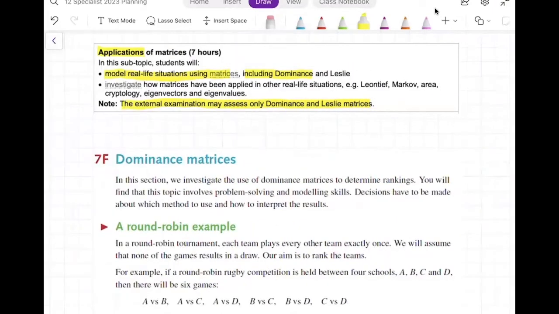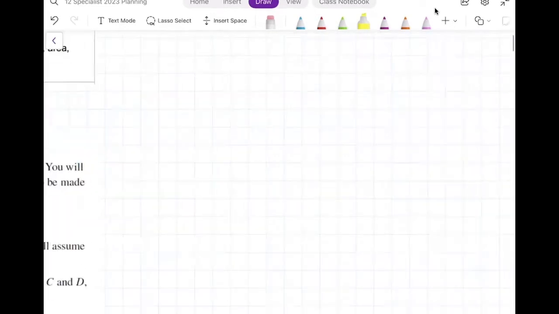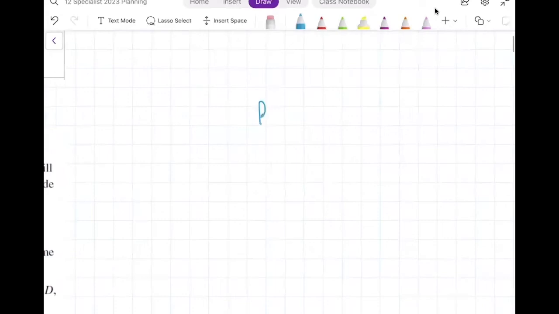So what the dominance matrix allows us to do is to rank or order teams or individual players based on some kind of event. We typically think of this in terms of sport. So let's say I have like the NRL ladder. I've got the Broncos, the Titans, the Storm, and let's just pick the Roosters because why not?